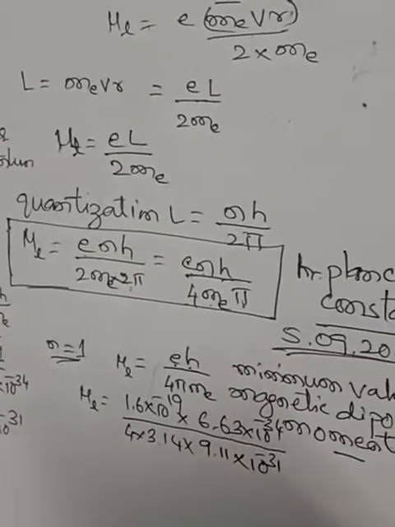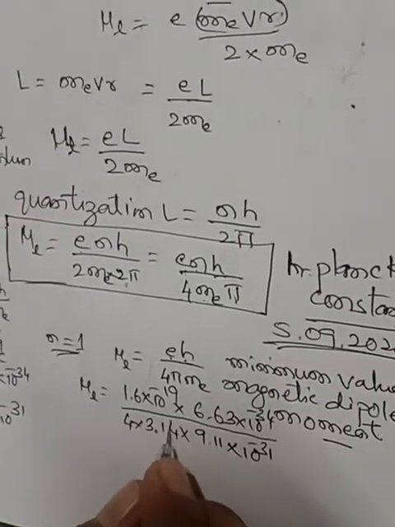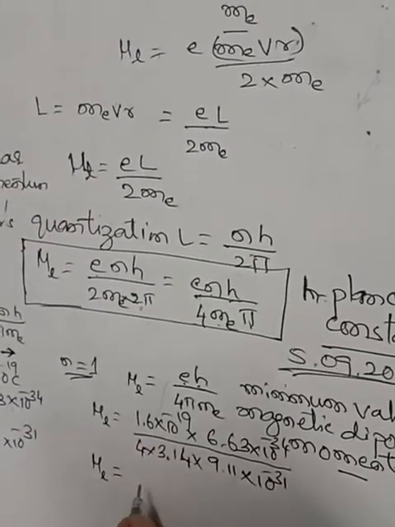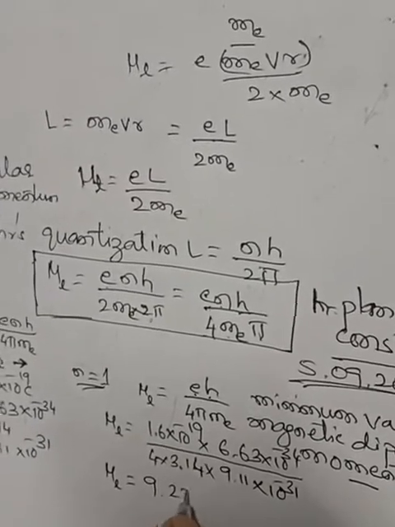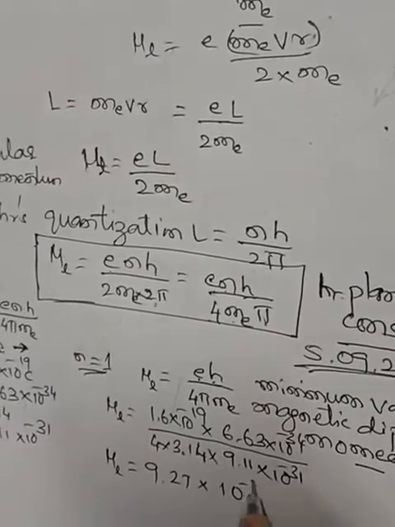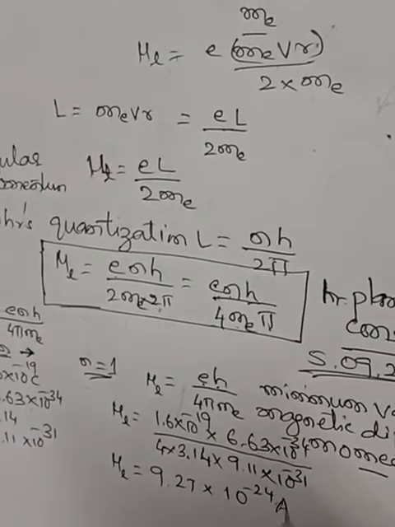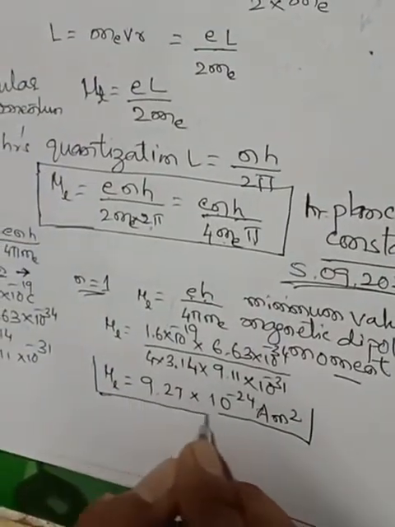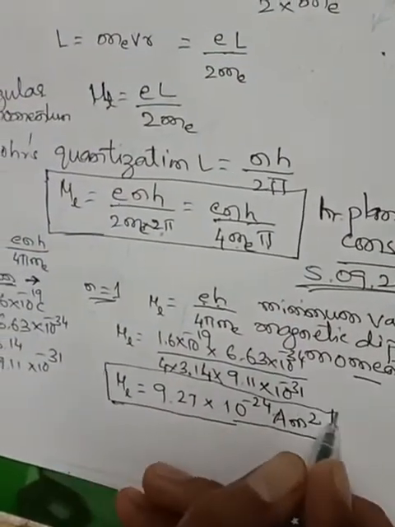If we simplify this, the Bohr magneton value will become 9.27 into 10 to the power of minus 24 ampere meter square. So this value is called the Bohr magneton value.